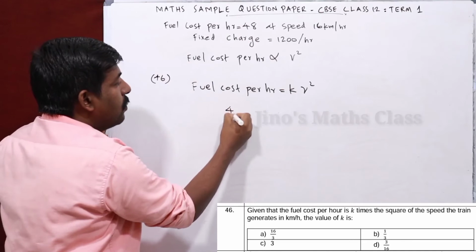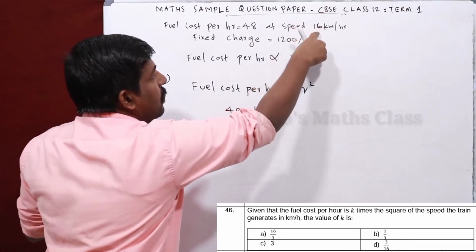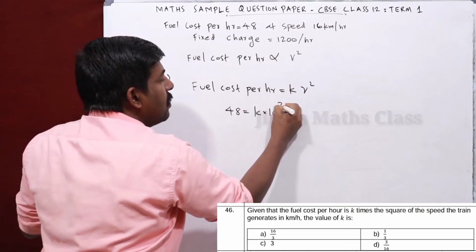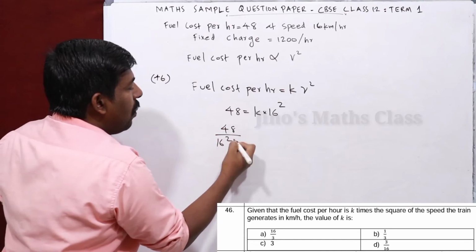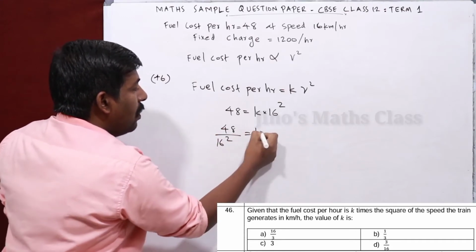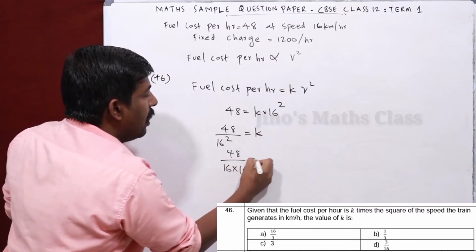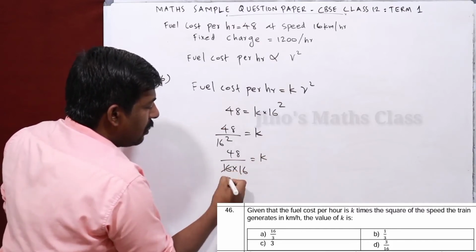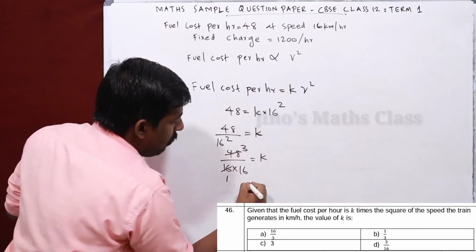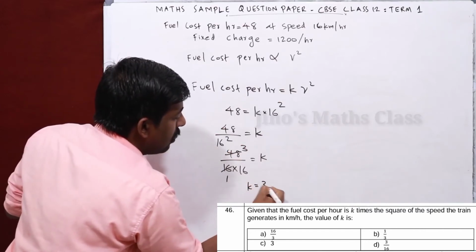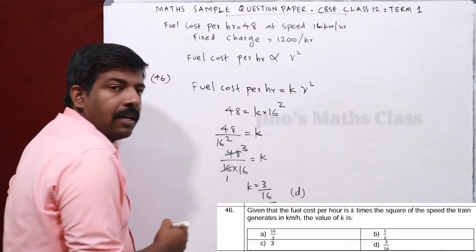So we can substitute 48 equal to k into, at a speed of 16, 16 square, or 48 divided by 16 square is equal to k, or 48 divided by 16 into 16 is equal to k. So here we can cancel 16 from numerator and denominator, we will get 3, or we can say k is equal to 3 divided by 16. Therefore option D is the correct answer.